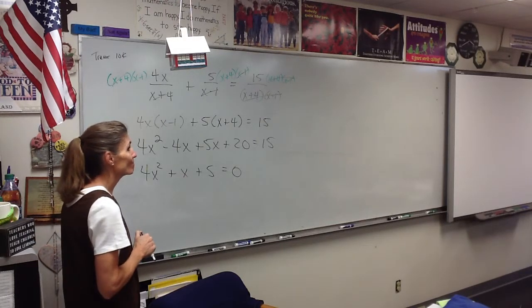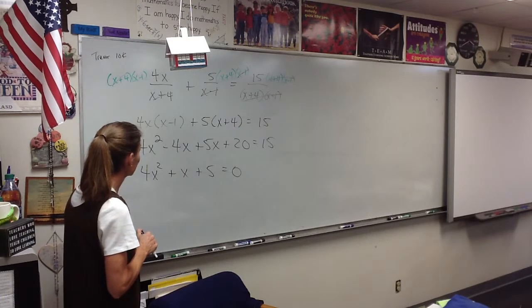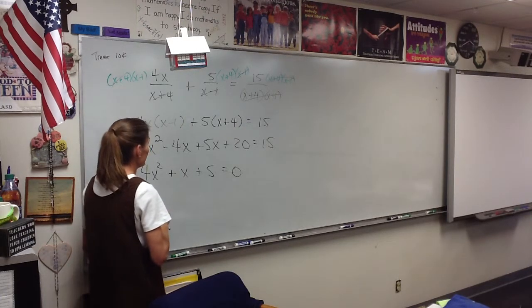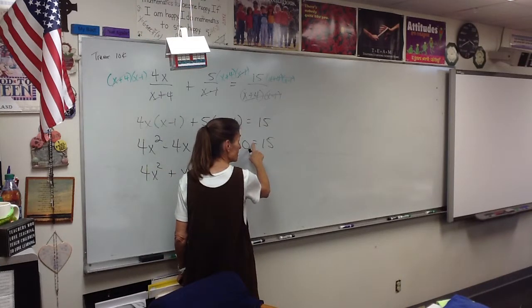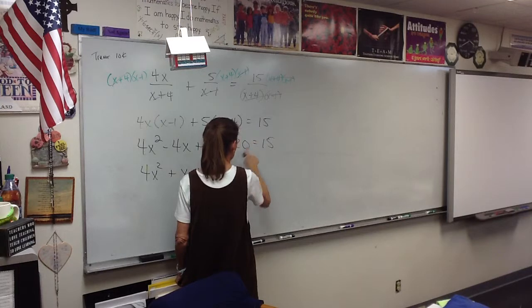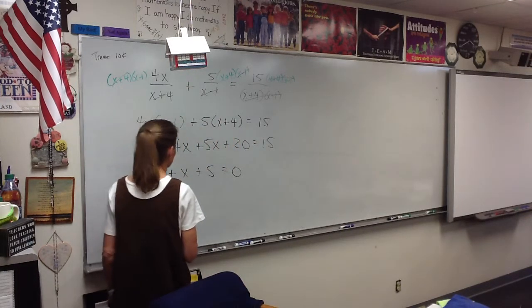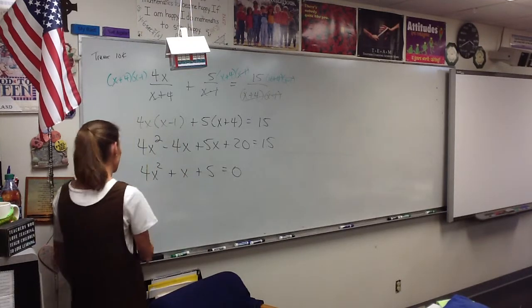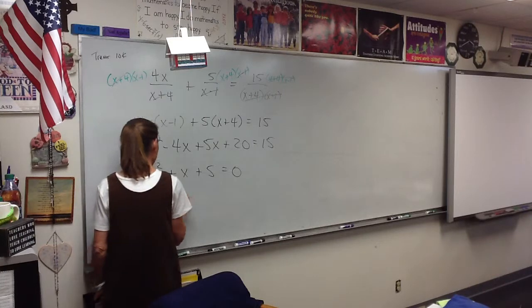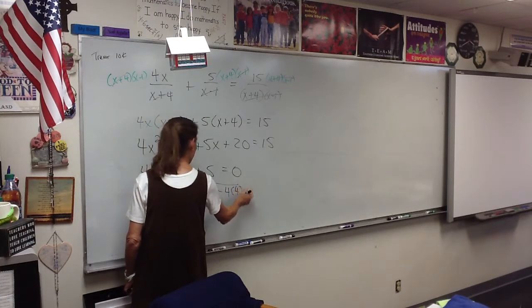Can you subtract the 13 over and then prove it, or no? What do you mean? So make this a 5 or leave it 20 minus 15? Make it minus. Yeah, that doesn't factor. So x equals negative b plus or minus the square root of b squared minus 4ac.